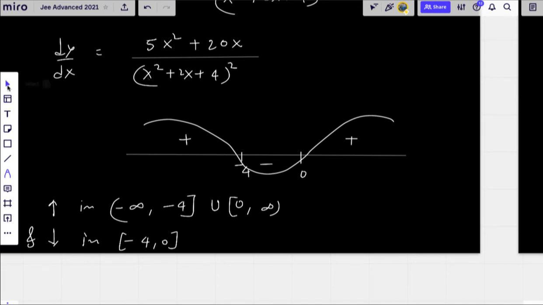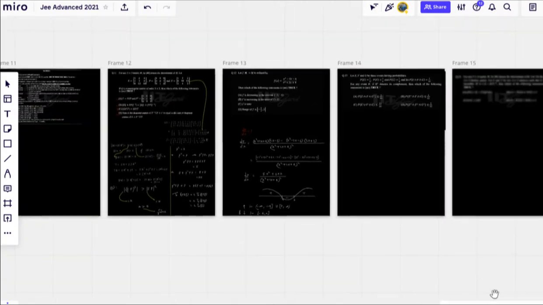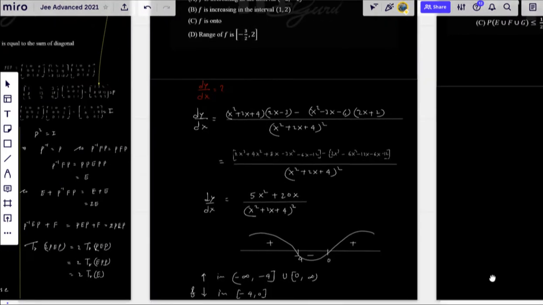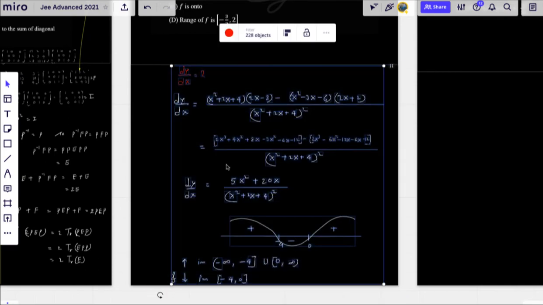Now check for range. Let's see, because in other options range is also there, so that would be called a range also. Let me shrink this entire thing.